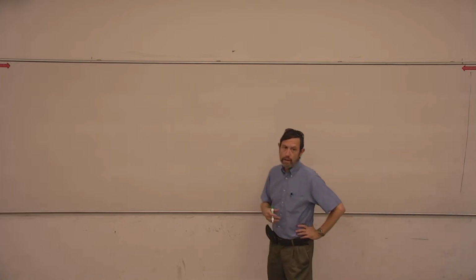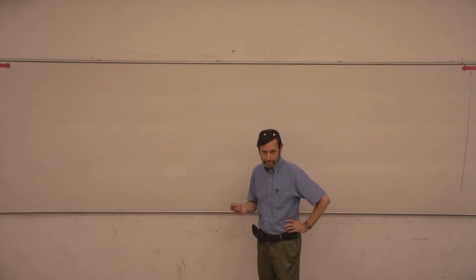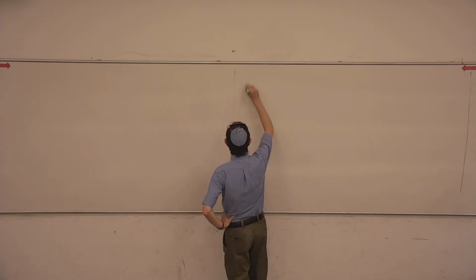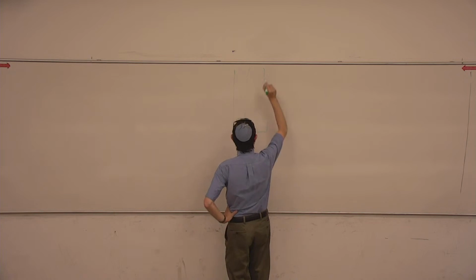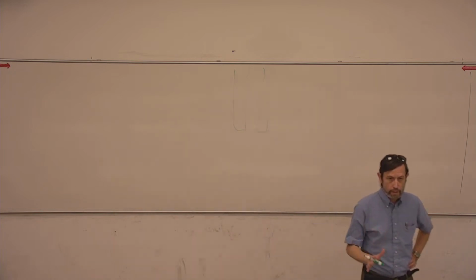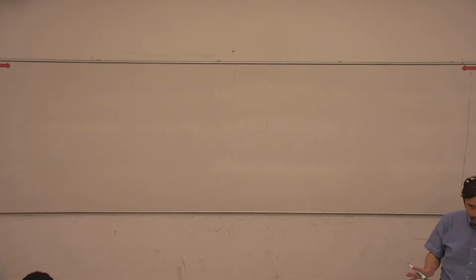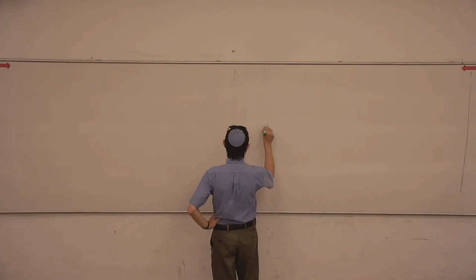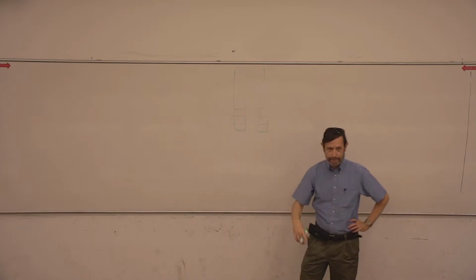Let's ask a simpler question. Let's assume you have two infinite square wells. They have some states.